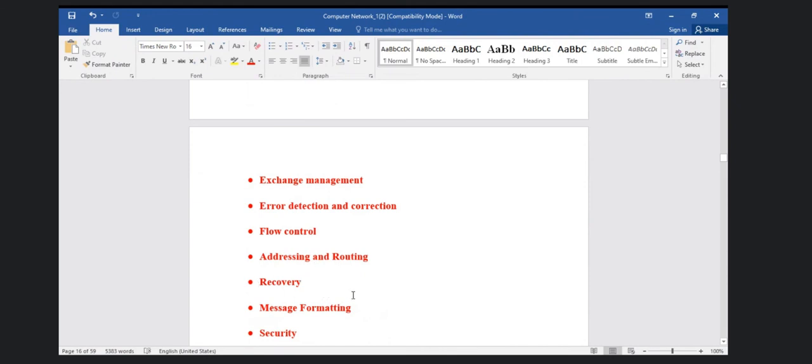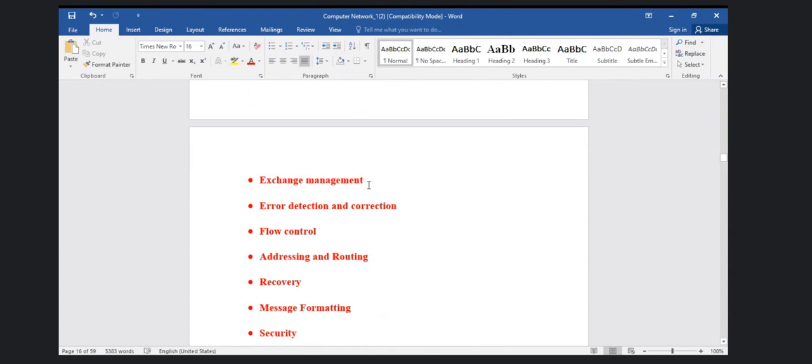And message formatting. We have several kinds of data, though they are digital. Some of the data are in ASCII format and some are in EBCDIC format. What is ASCII? ASCII is the American Standard Code for Information Interchange.